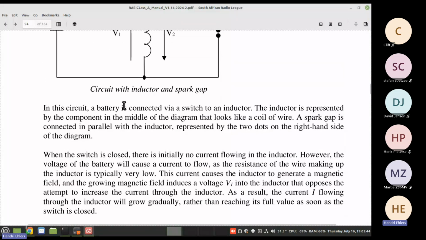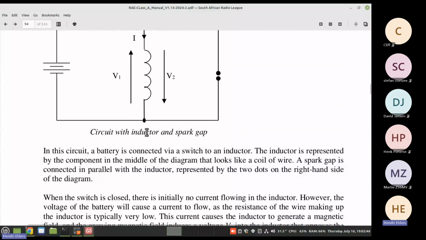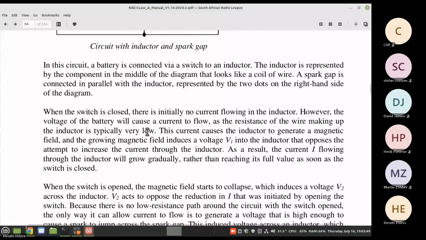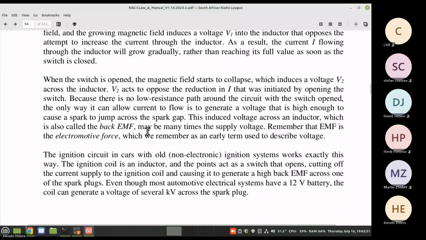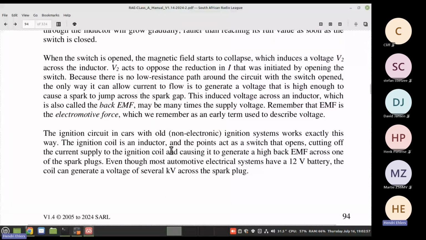Now, here they've got a whole explanation of what I just told you, and the important part there is that this induces a voltage across an inductor, which is also known as back EMF.